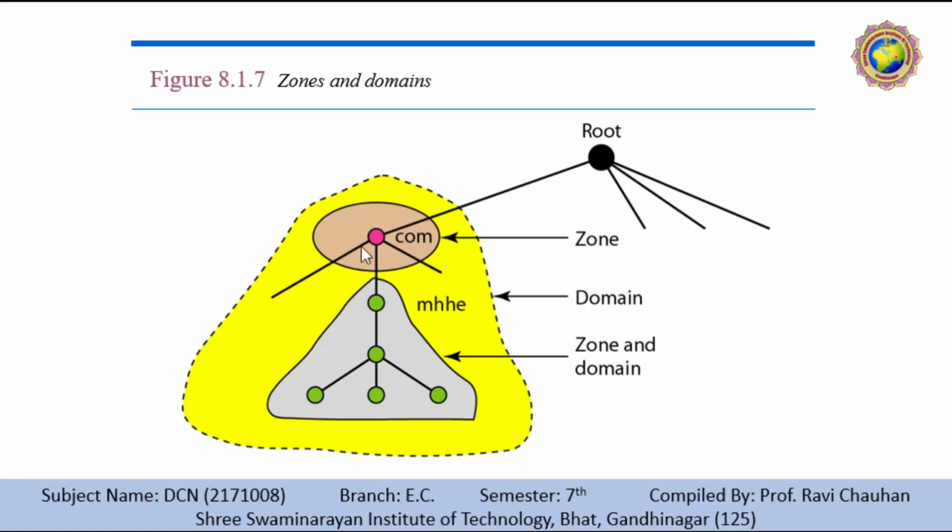A particular area shown in this oval is called a zone. We can define a zone as a contiguous part of the entire tree. If a server accepts the responsibility for a domain and does not divide the domain into smaller domains, the domain and the zone refer to the same thing.